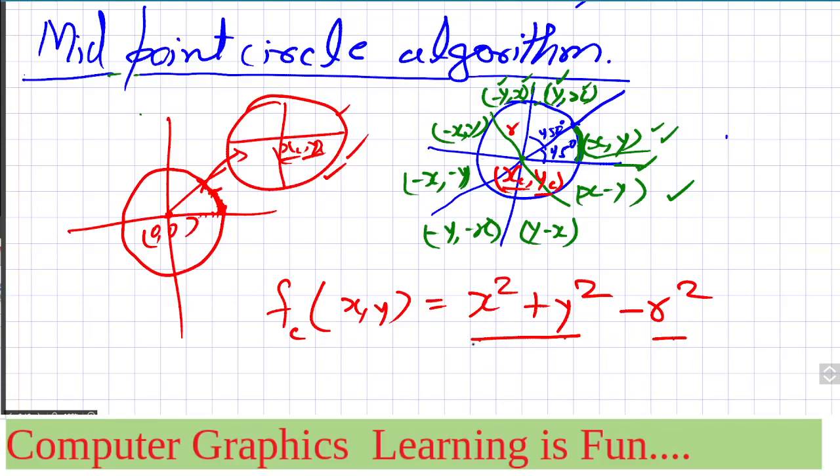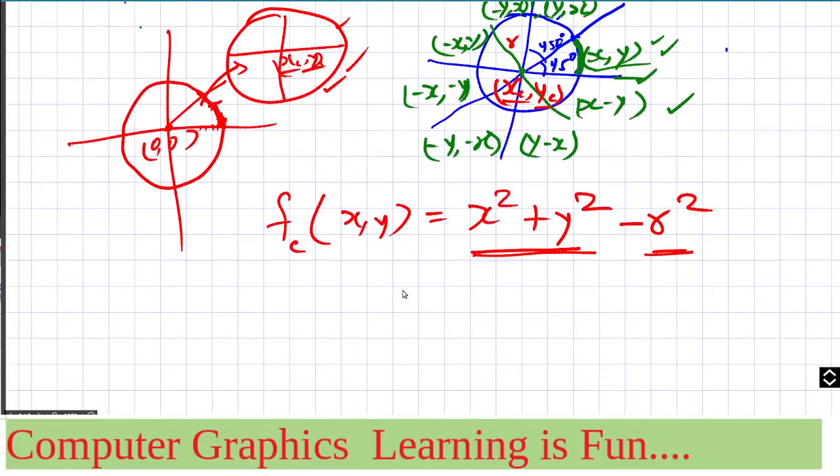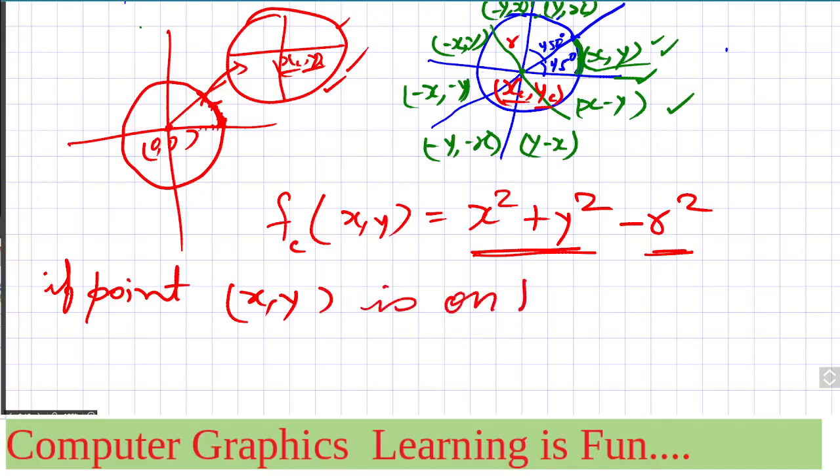In that case, x squared plus y squared minus r squared should lead to 0. Let me write it again: if your point x y is on the boundary, then f c of x y will be equal to 0.